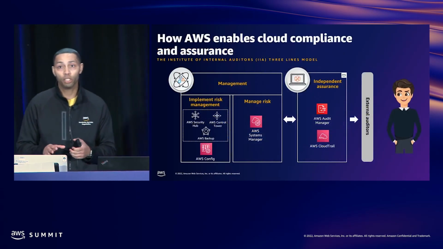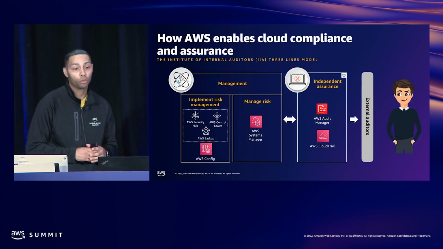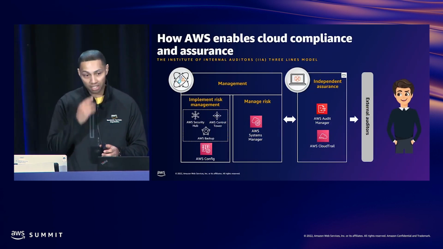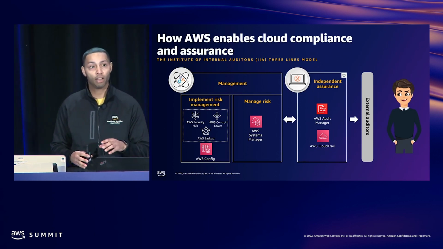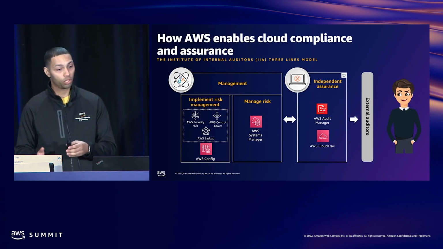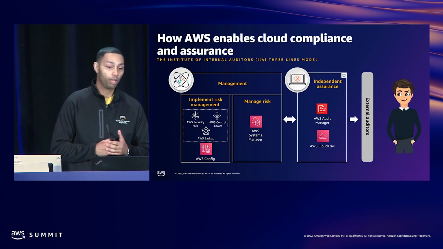The way that we do this is by using a model that we call the three lines of defense, which is what you see on the screen. What the three lines of defense does is it helps simplify what services to use for which portion of compliance. In the first line, we have implement risk management.